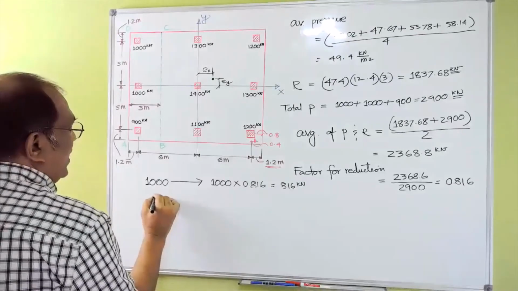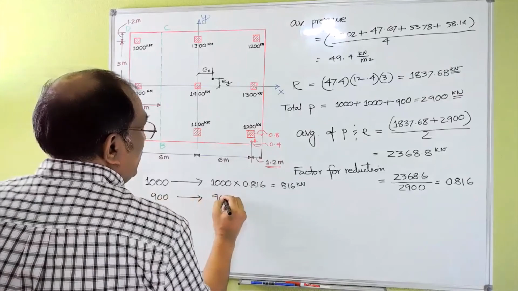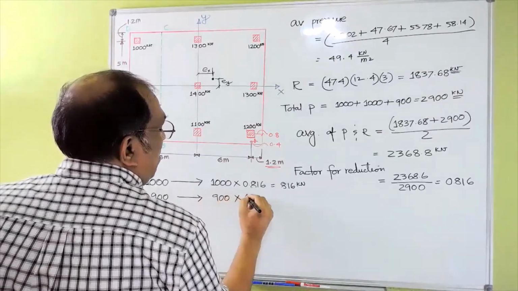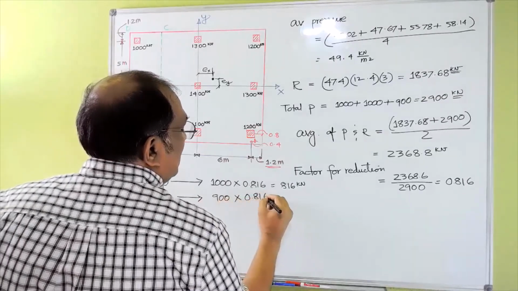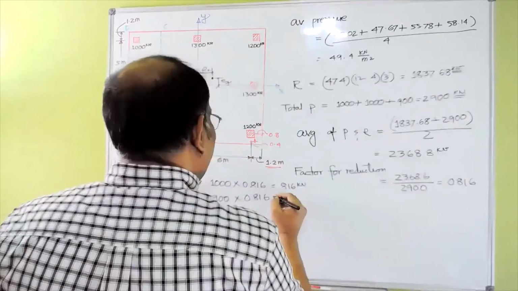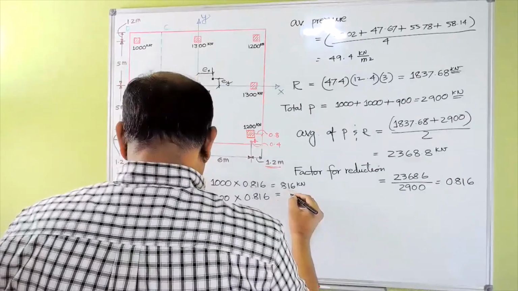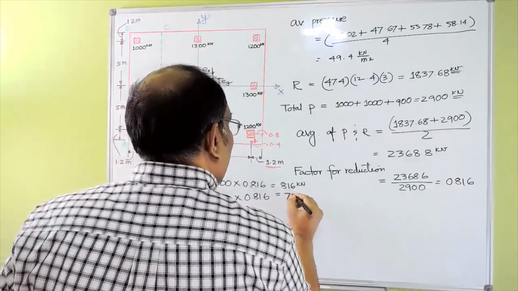Similarly, this load here, 900, that one is going to reduce to, so this one has to reduce to actually 734.